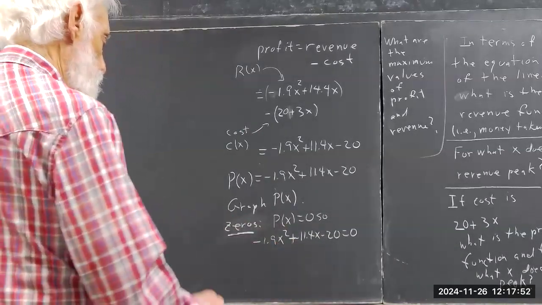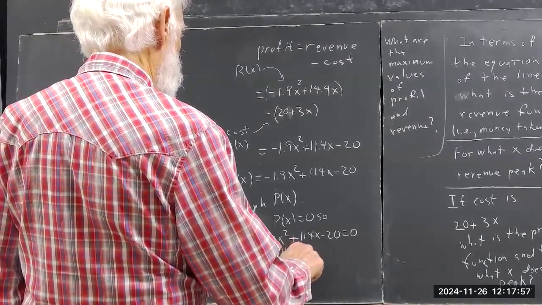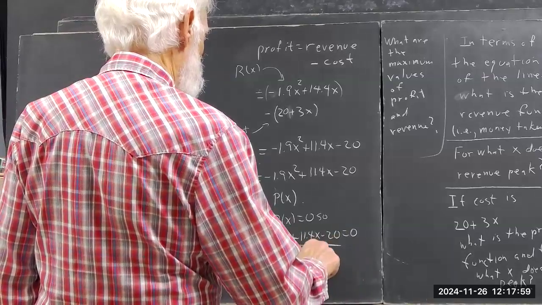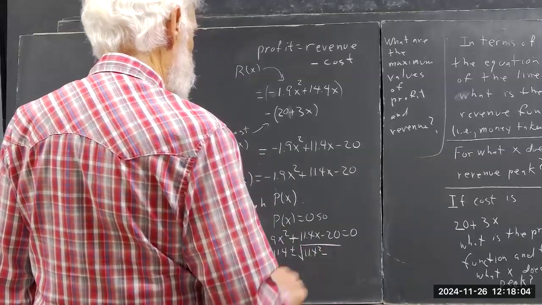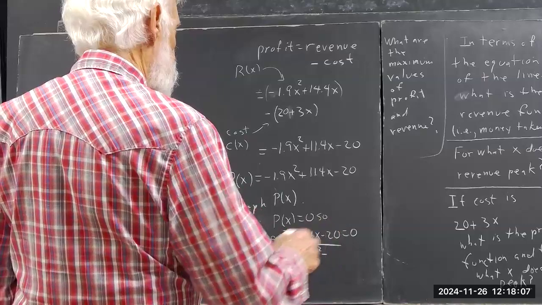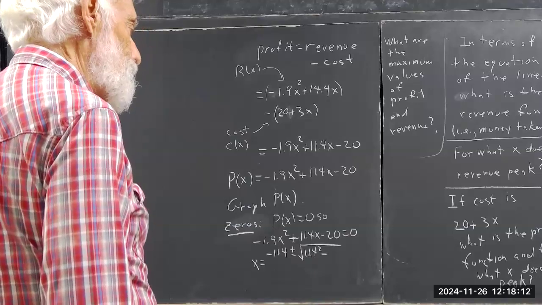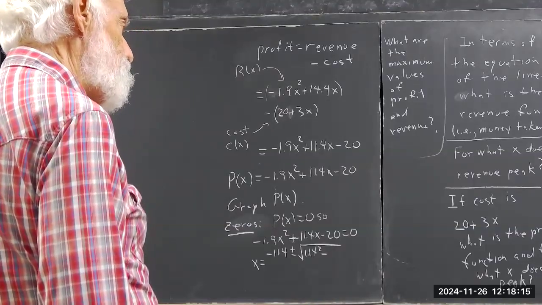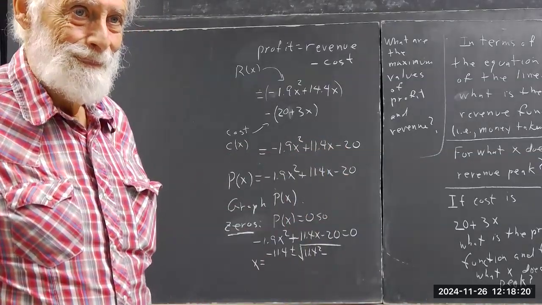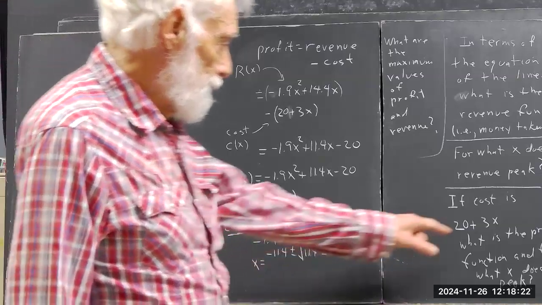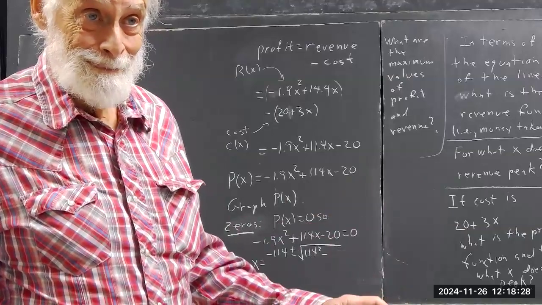Set this equal to 0. And you're going to get x equals negative 11.4 plus or minus the square root of 11.4 squared minus 4 times 20, which is 80, times 1.9, which is way too much. When I set this equal to -20, I killed your business. Okay? When I set this number to 20 instead of 2, I just destroyed your full business.